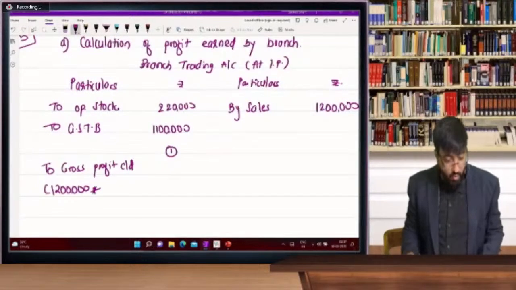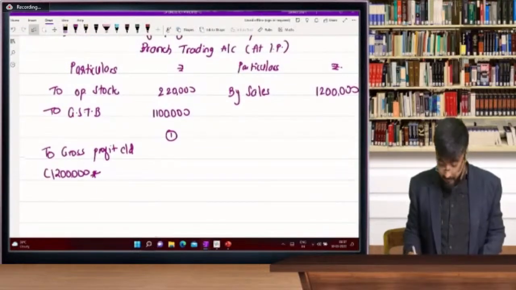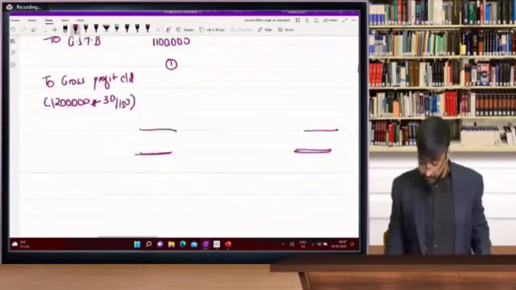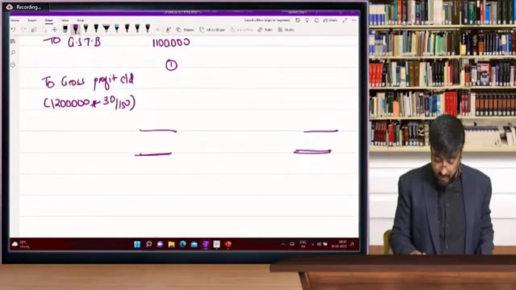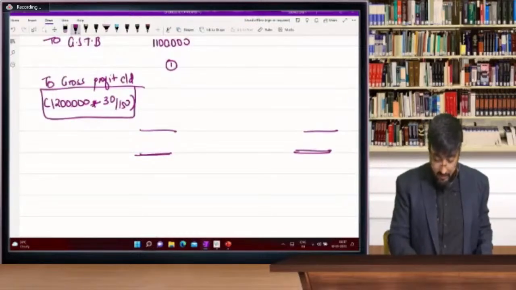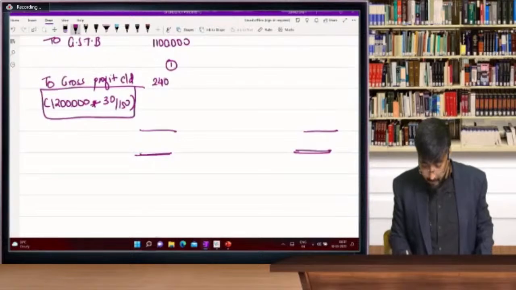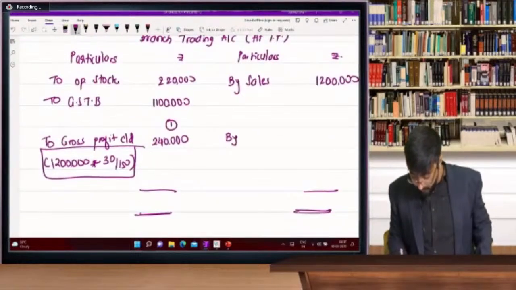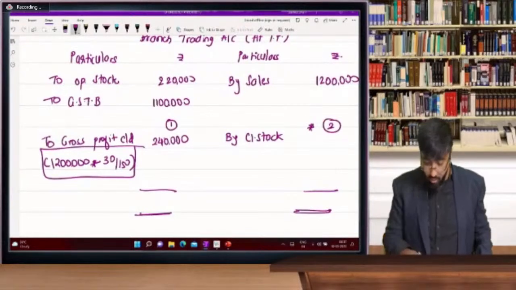12 lakhs into 30 divided by 150. So this is 30 divided by 150, a red pen adjustment. Sorry, it is red pen adjustment. 12 lakhs into 30 divided by 150 is 2,40,000. By closing stock is number 2.